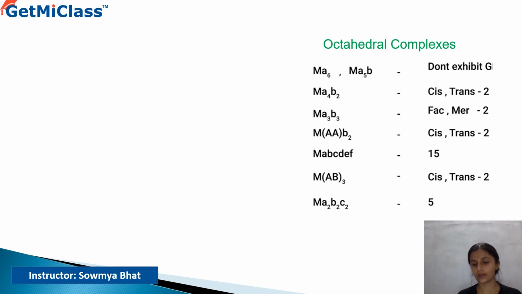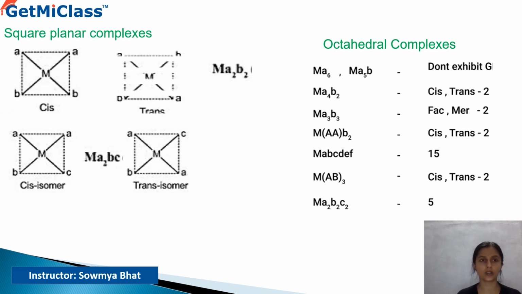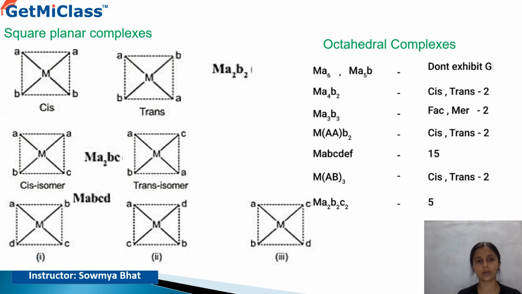We are going to quickly see the possible number of isomers in square planar complexes and octahedral complexes. If we have the formula MA4, where all the ligands are of the same type, or MA3B, where three ligands are of the same type, then that square planar complex is not going to show any geometrical isomerism.